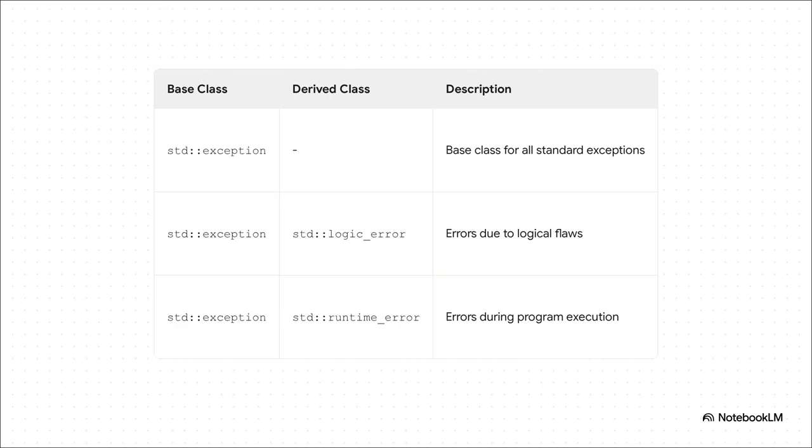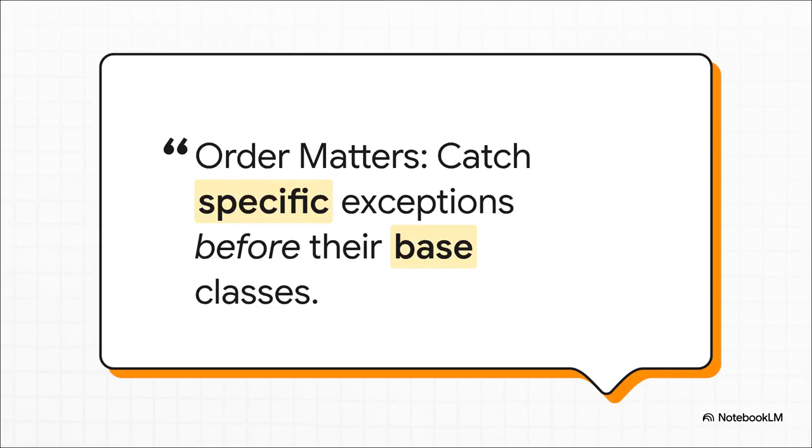And underneath it, you get more specific categories, like std::logic_error, which is for bugs in your program's logic, and std::runtime_error, which is for stuff that happens while the program is running, like a network connection dropping. This hierarchy is great because it lets us write catch blocks that are super specific or really general, catching pretty much any standard problem. And this brings us to a super critical rule.